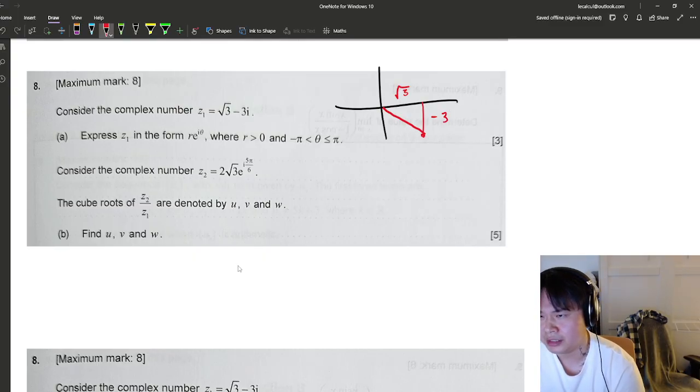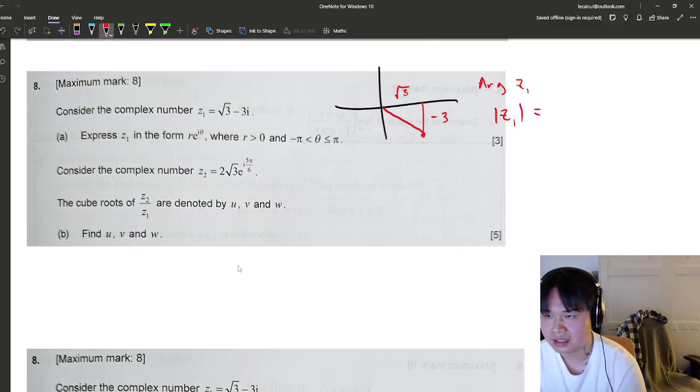Should be straightforward. Let's find the argument first. Wait, no, let's find the length, because the length is just Pythagoras.